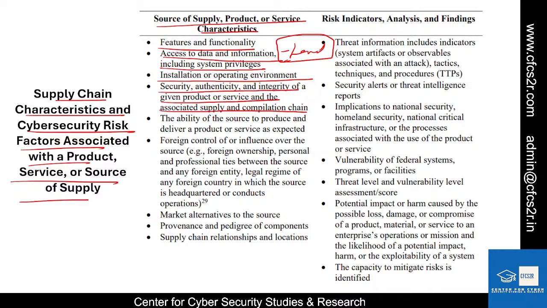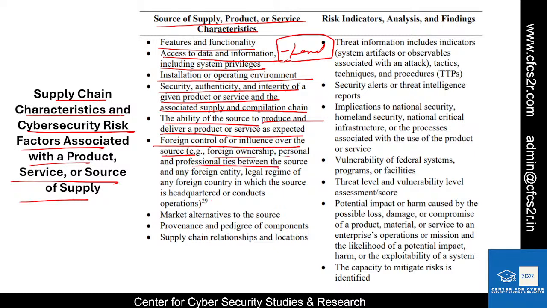The ability of the source to produce and deliver a product or service is examined. So the source should be capable enough that it can produce and deliver a product or service as expected. So the ability should be there. Foreign control of or influence over the source, foreign ownership, personal and professional ties.